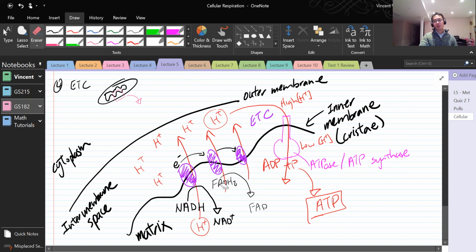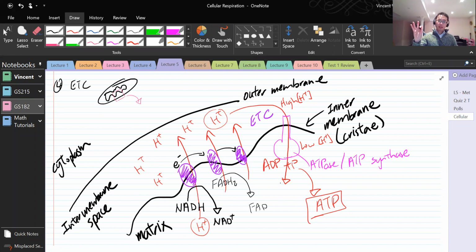As such, there will be less H plus pumped into the intermembrane space, so with less H plus, you will be able to generate only 2 ATP. The key point here is NADH can generate 3 ATP, FADH2 can generate 2 ATP.